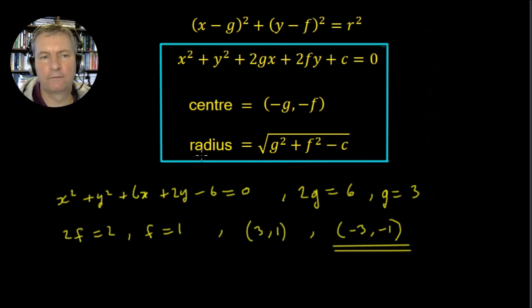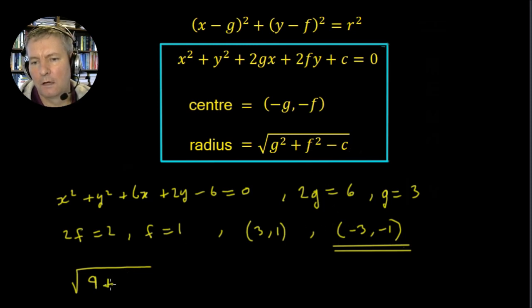Now the next part is finding out the radius. The radius is going to be given by the root of g squared. We've got g equal to 3, so 3 squared is 9, plus f squared, which is 1. And we've also got the minus c.